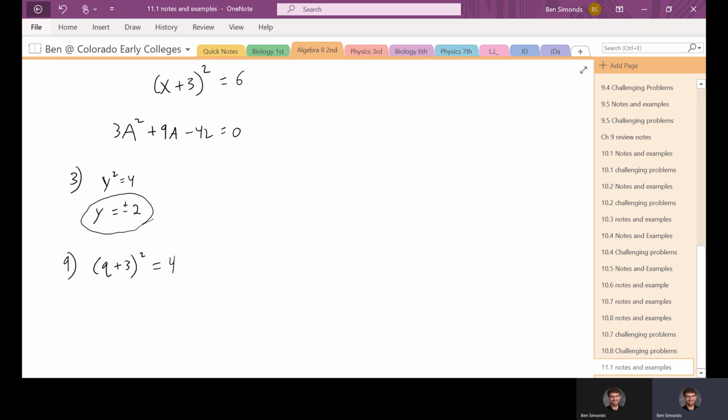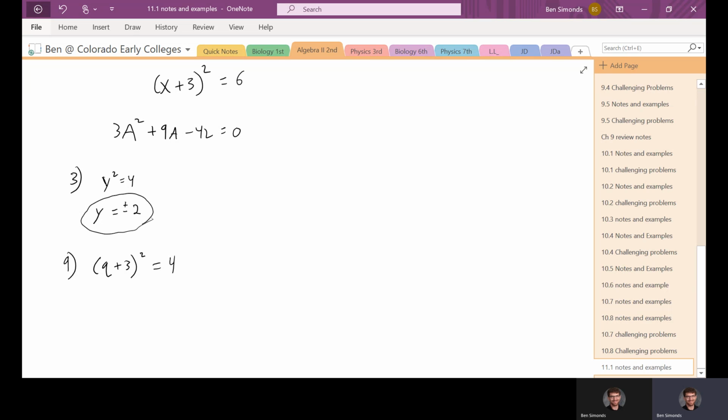However, we can't subtract 3 yet because it's part of this group with q. I've been saying all year, when you have a group, like in parentheses here, or earlier with absolute value, you can't break up the group. You have to undo the group.